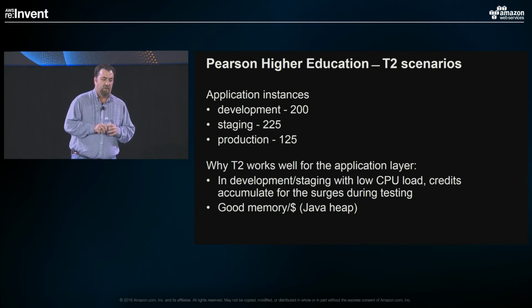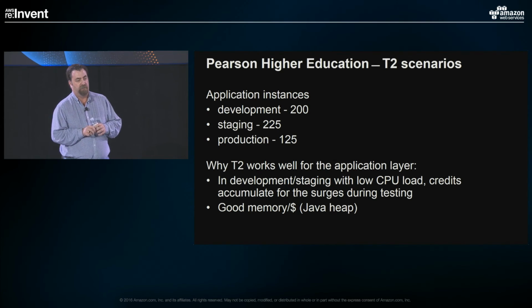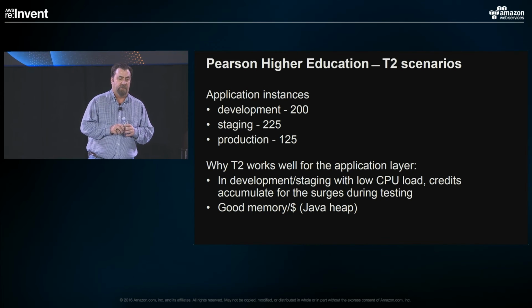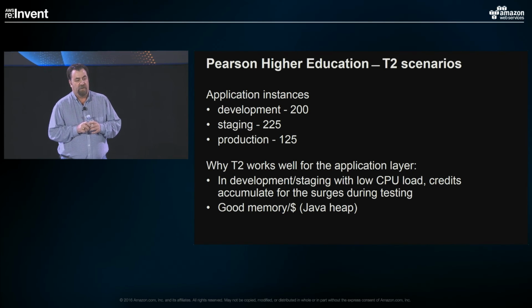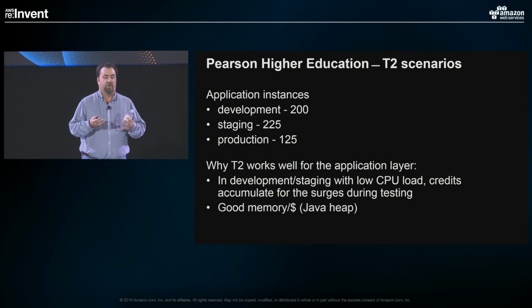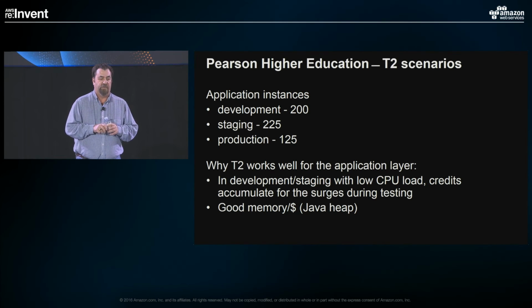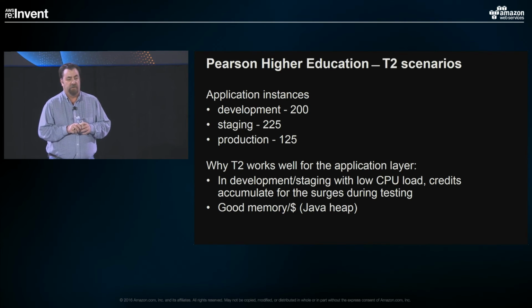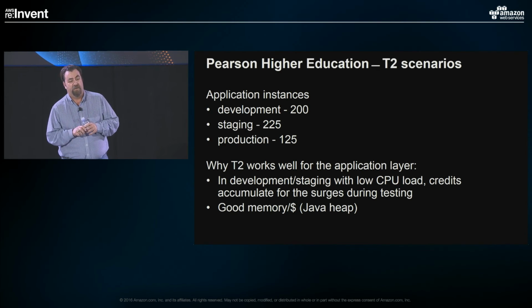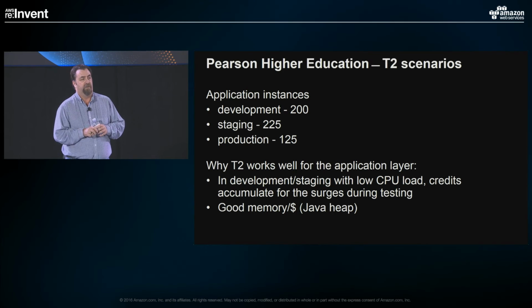Why do they work well at the application layer? In development and staging, you're always going to have a low CPU load unless they're doing their testing. So the credits accumulate for those surges during testing. It's also good memory per dollar for the Java. So high memory to CPU usage is a great fit for these T2s.